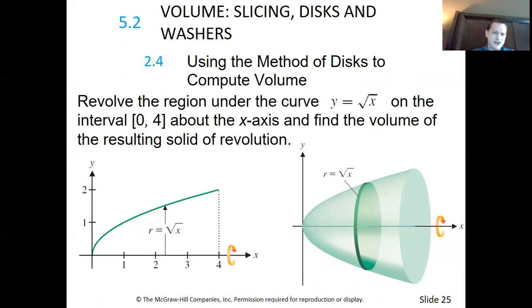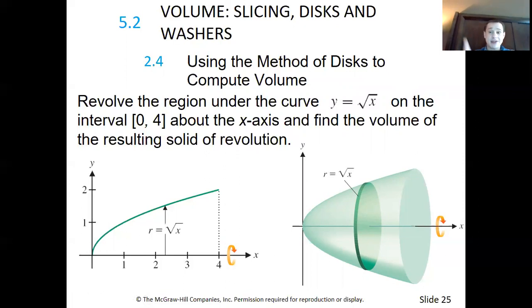The height of this rectangle is going to be whatever the y is on the top minus whatever y is on the bottom. And the thickness of it is going to be dx. So you want to write everything in terms of x's. What is the y on the top? It's whatever the y coordinate is up here, which is square root of x, minus whatever the y coordinate is down here, which is 0. So basically that height is just the function, which is square root of x.